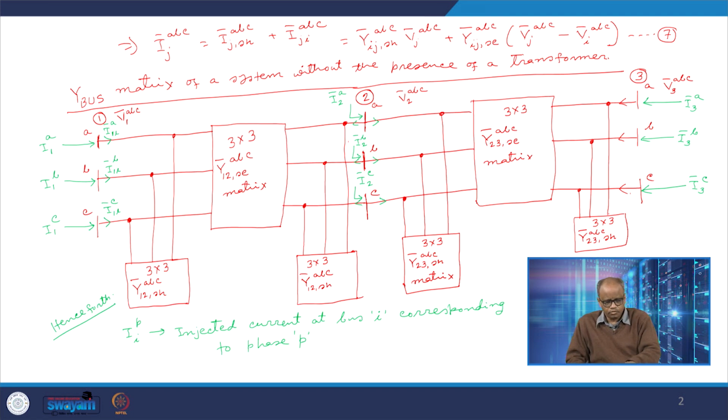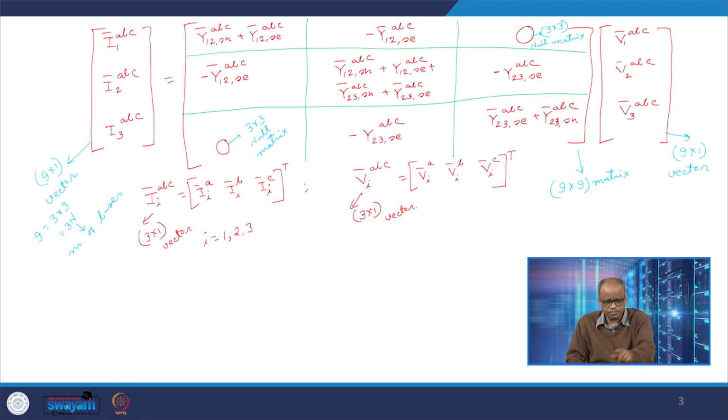As an example, between bus 1 and 2 the admittance connected is Y12 ABC, and here in this matrix this particular element is minus Y12 ABC, right? And of course similarly the element 2 1 is also the same, and so are the element 2 3 as well as the element 3 2. So this principle holds good for any general system.